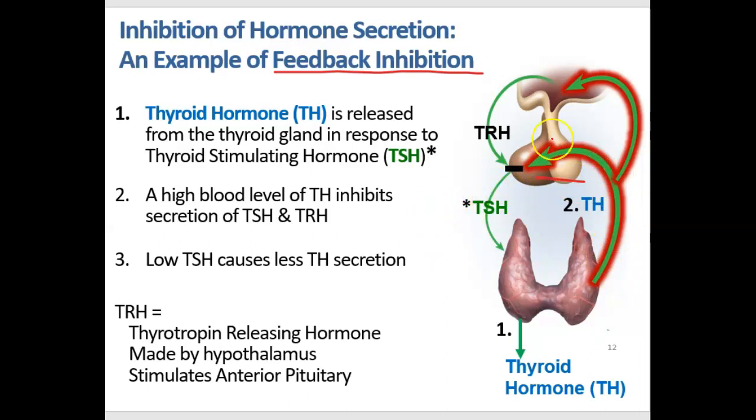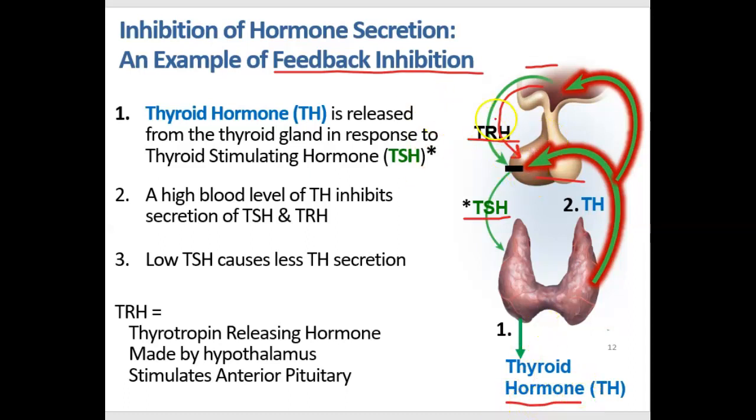Now another part of this picture shows the hypothalamus up here. The hypothalamus also releases a hormone, but this hormone stimulates the anterior pituitary. It's called thyrotropin releasing hormone, and it causes the pituitary to make thyrotropin, TSH, which causes the thyroid gland to make thyroid hormone.